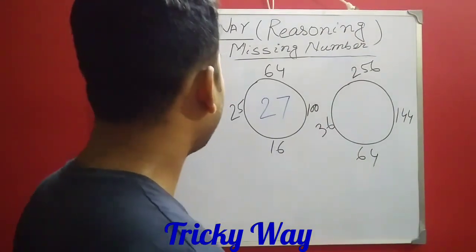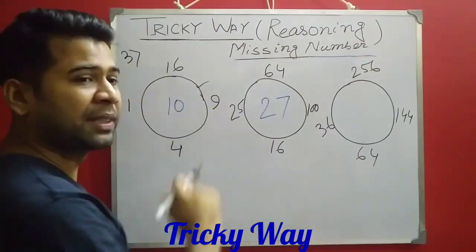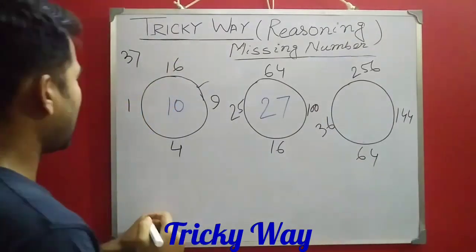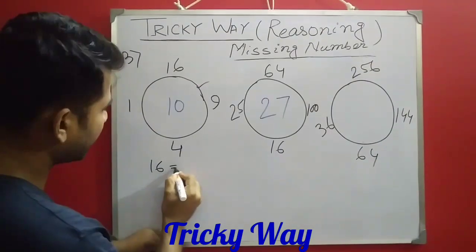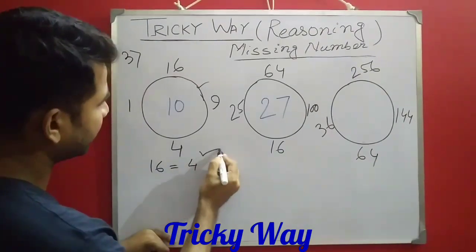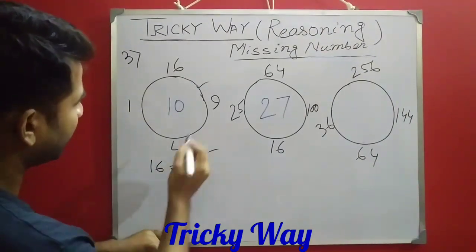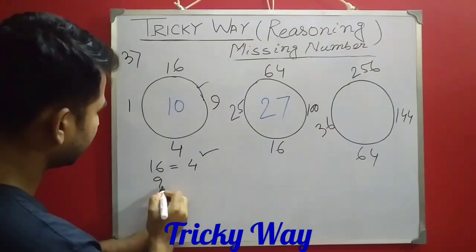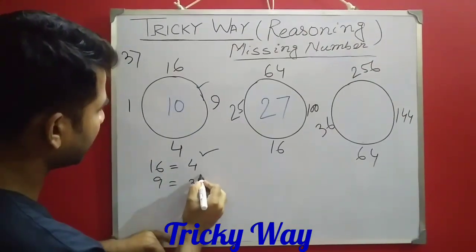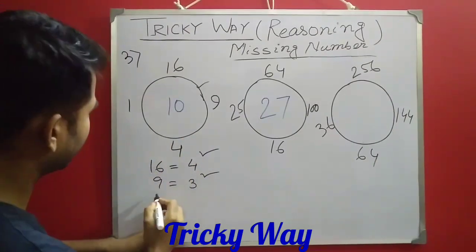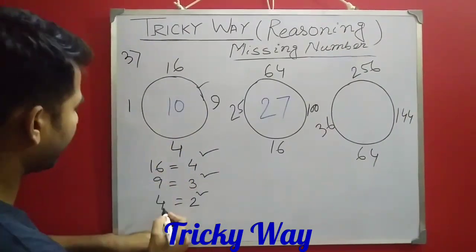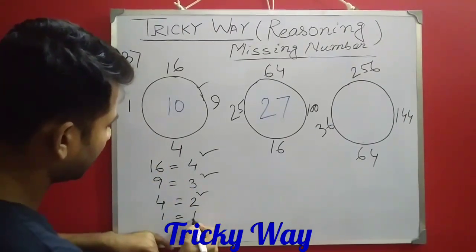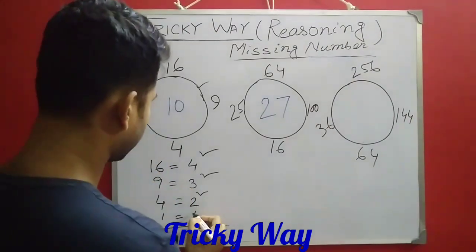So for this case, 16 equal to 4 square, 9 equal to 3 square, 4 equal to 2 square, and 1 equal to 1 square.